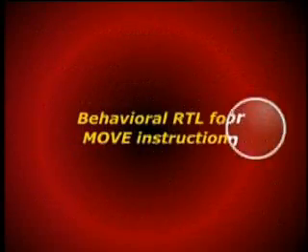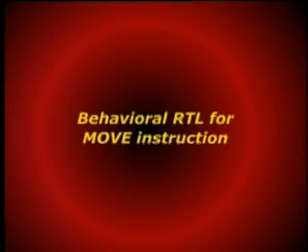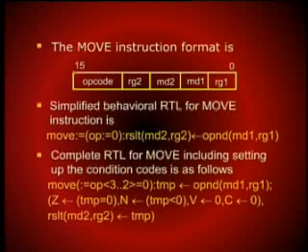The following slide shows the behavioral RTL description for an example which corresponds to move instruction. For the move instruction, the opcode followed by the information of 2 registers and the mode information is indicated in this slide. When opcode is 0, then we have the result dependent on MD2 and RG2.